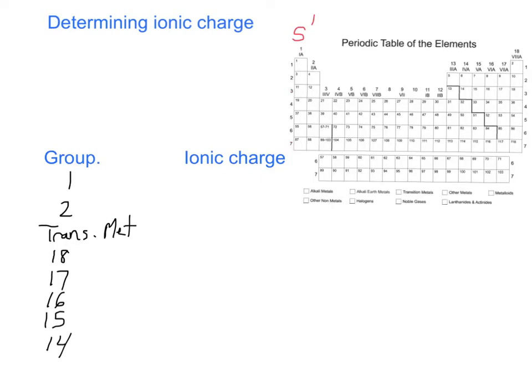So it's going to lose that electron to gain a positive 1 charge and go back to the noble gas configuration that would be something p6, so either 2p6, 3p6, or something like that. So group 1 has a charge of positive 1. You don't even really have to question it: if it's group 1, it's going to make a +1 ion. The same logic can be applied to group 2.